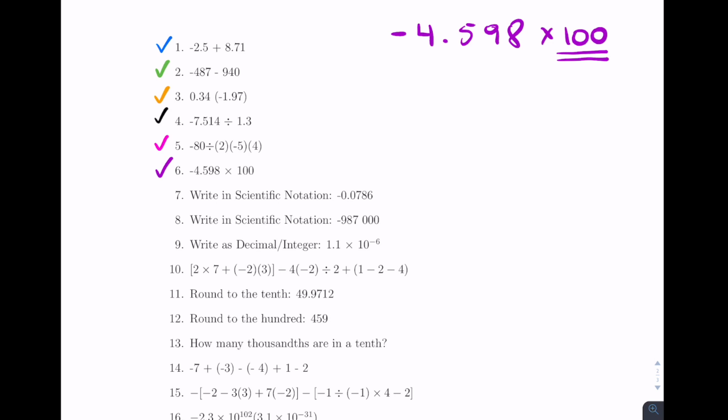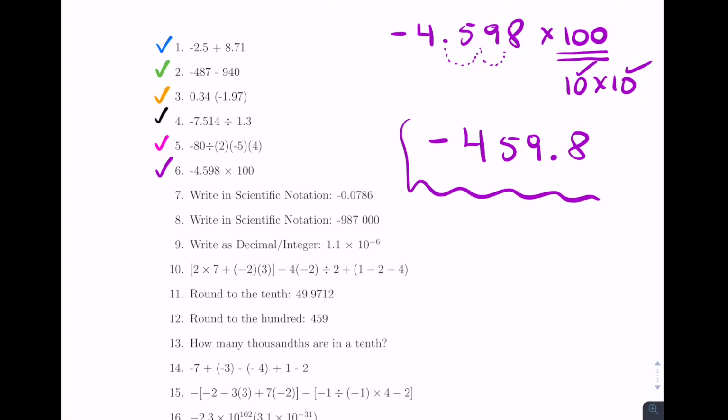Now, when you have that, it makes your life a lot easier, because this is nothing else but 10 times 10. You may recall when you multiply by 10, what you're doing is just shifting the decimal over once. And then when you multiply by 10 again, which becomes multiplying by 100, again we'll shift the decimal over. The answer, therefore, is this. That's question 6.